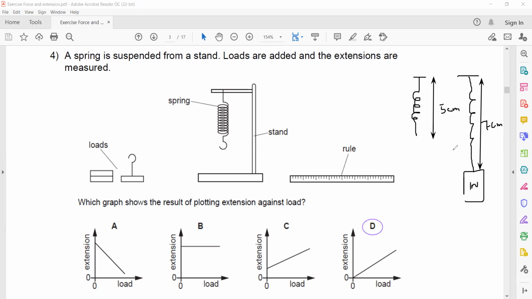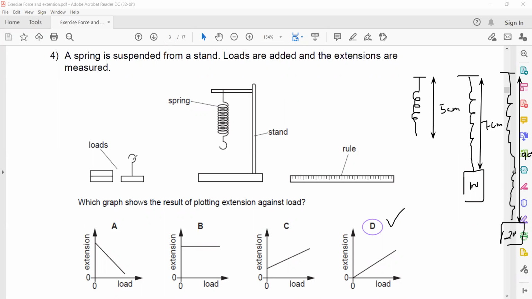So extension is 2 centimeter. If I add another load, for example 2 Newton, the new length will be 9 centimeter, and extension will be 4 centimeter. So you can clearly see, when we increase the load, the extension will also increase. So D will be the right answer.